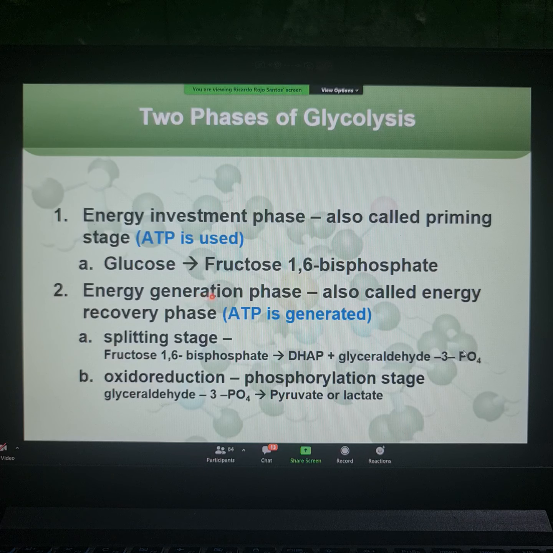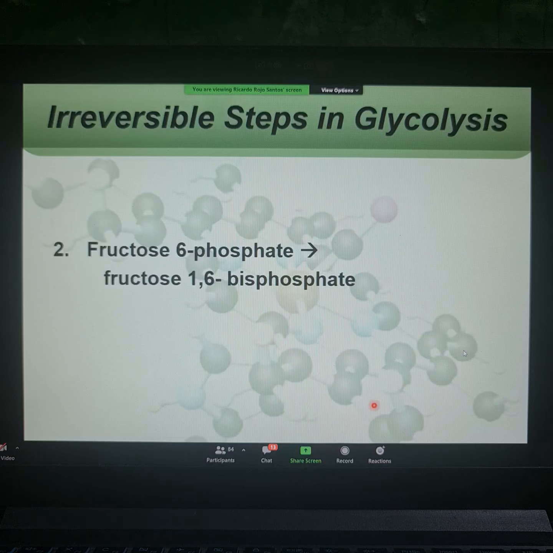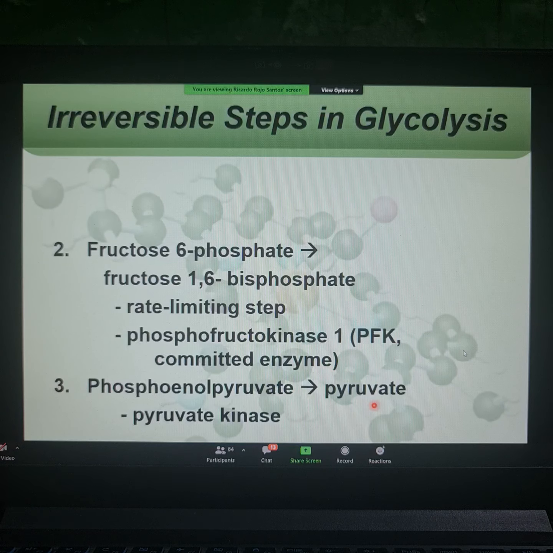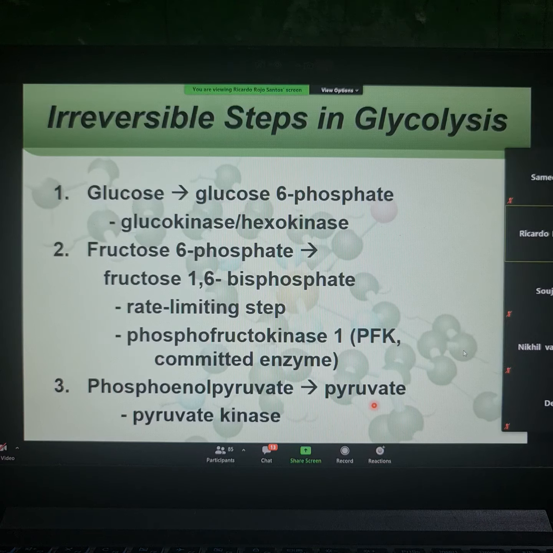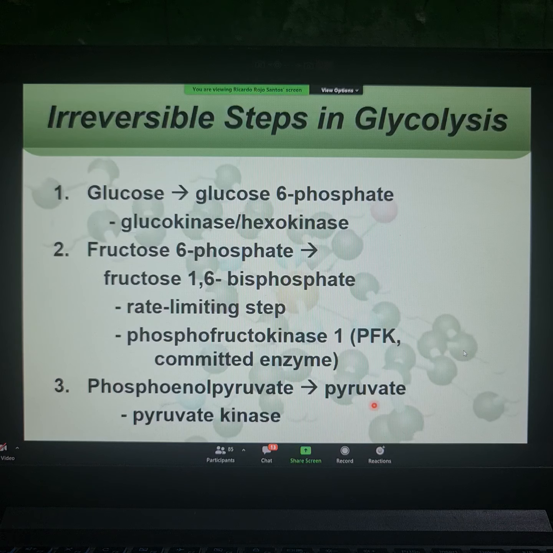Another part of this energy generation phase is the oxidoreduction phosphorylation stage, and it extends from glyceraldehyde 3-phosphate down to the formation of either pyruvic acid or lactic acid. Okay, remember these three reactions because you are going to encounter this again when we discuss gluconeogenesis.